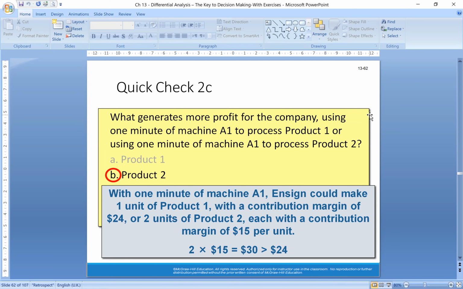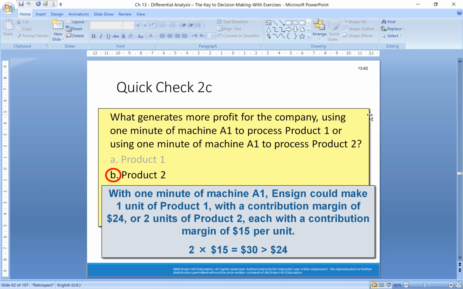Now, 1 minute can give me $24 contribution margin from product 1. Easy, because we need 1 minute for product 1. But for 2 units of product 2, each with a contribution margin of $15, we recognize a contribution margin of 30 if we produce product 2.